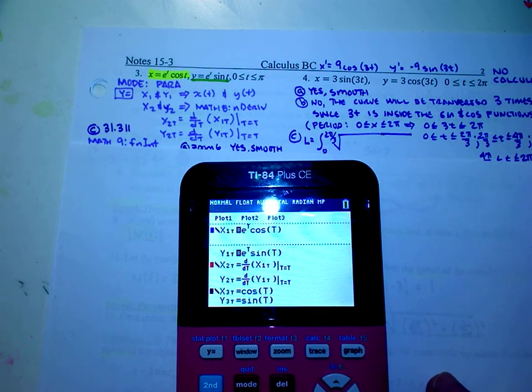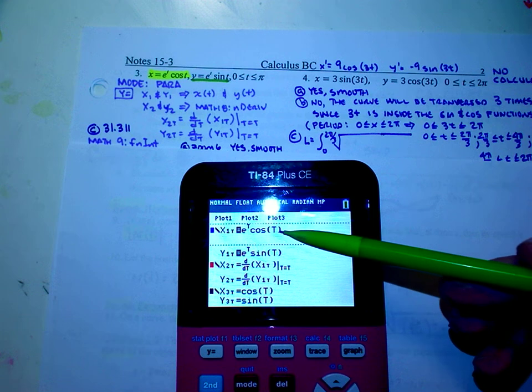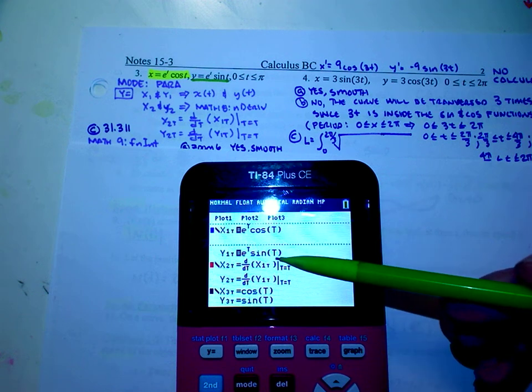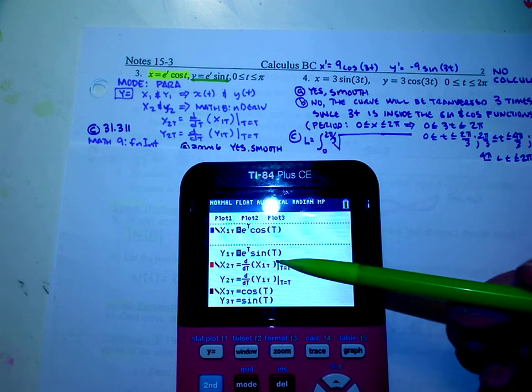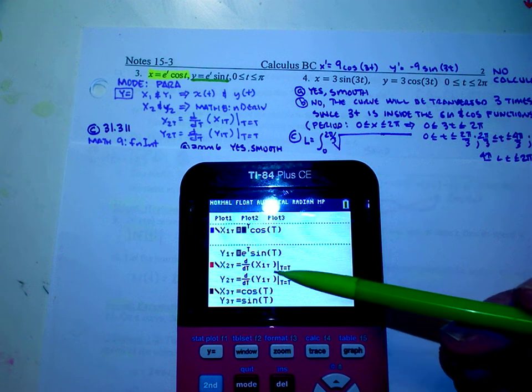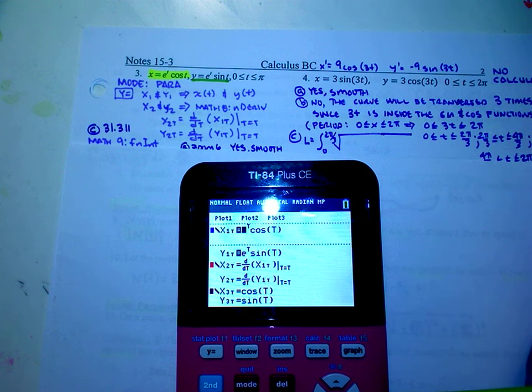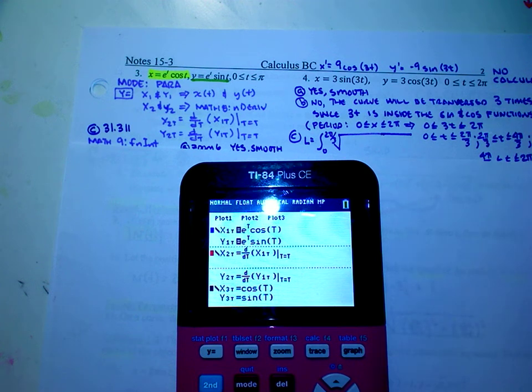When we go to y equal, you can see I've already set these up in my x1, y1, and also what you're going to want to do is go to your x2, y2 and put those derivatives in there. Once again, I'll repeat this one real quickly for you.